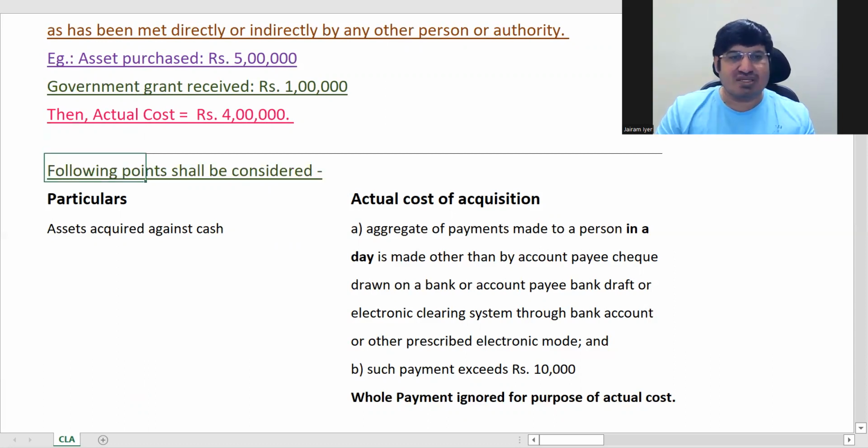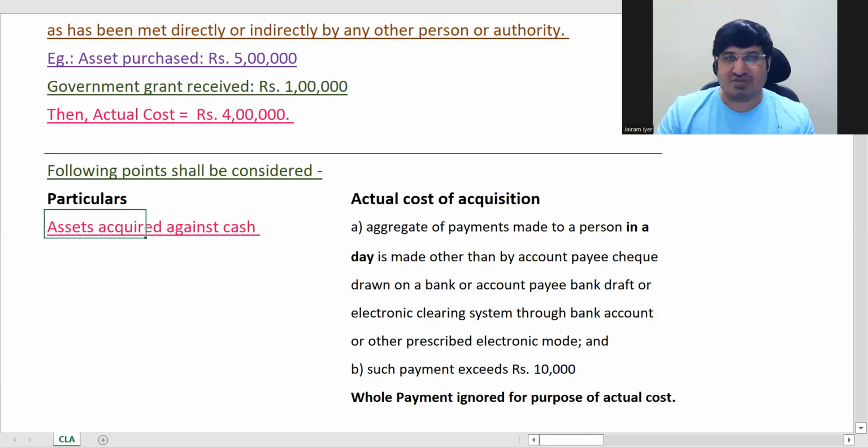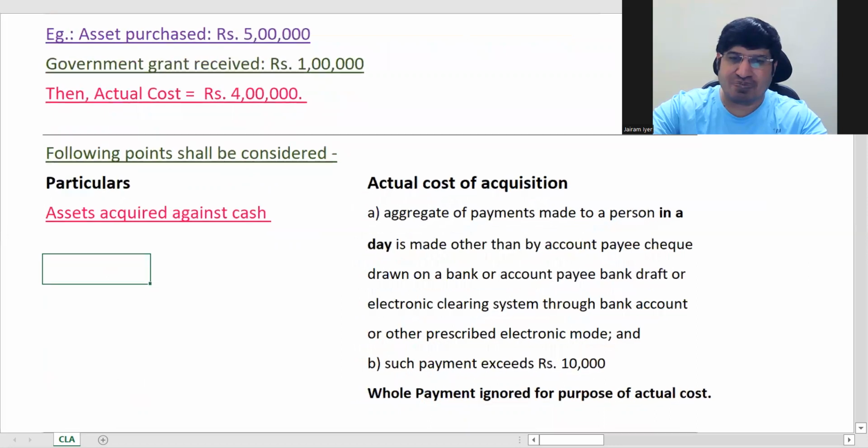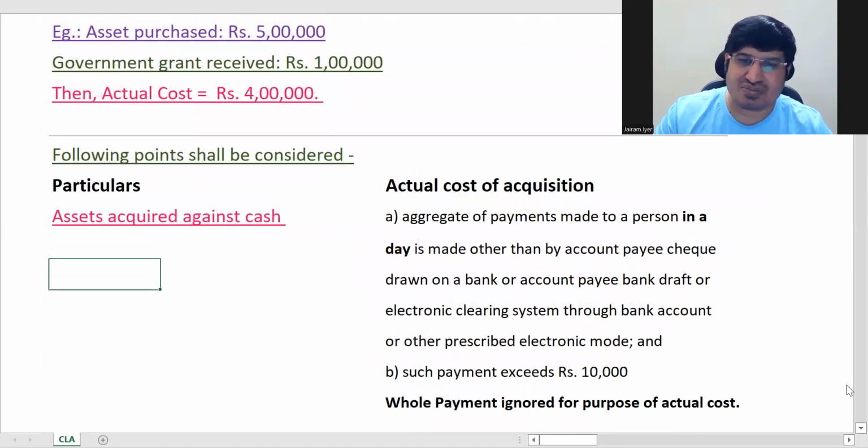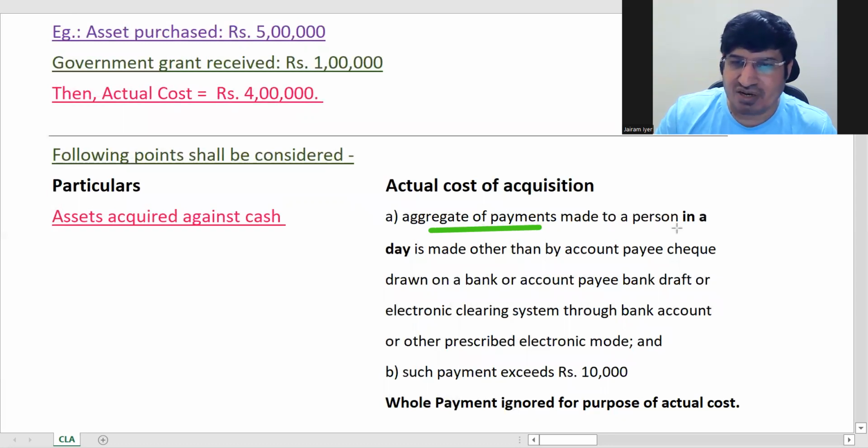Now we are going to examine some points regarding actual cost. The following points shall be considered. One is an asset acquired against cash. If you have acquired any asset paying cash, the aggregate payment in one day should not exceed 10,000.